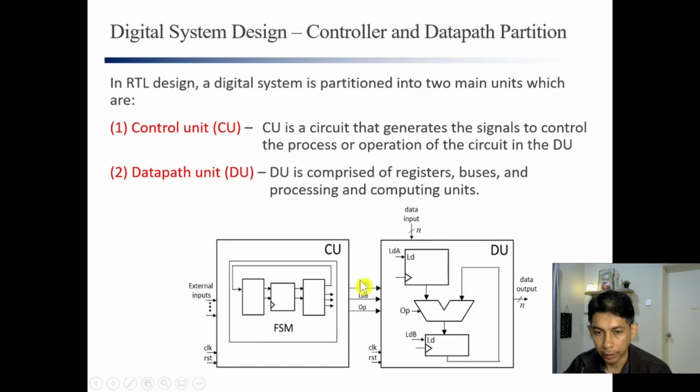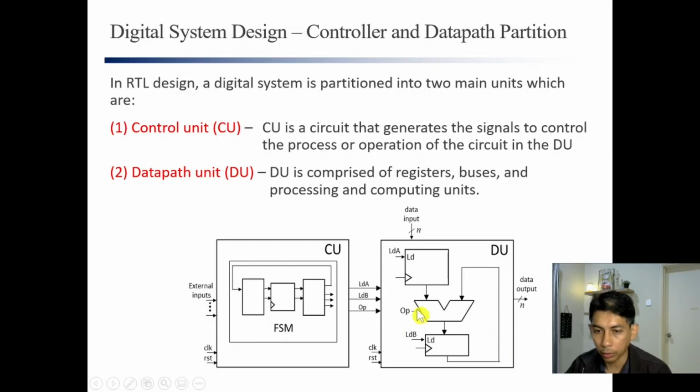For example, this one is LDA. At what time LDA should be activated and not activated. Also for LDB. Also the operation of the ALU, because the ALU has many operations, right? Maybe we have add, sub, and many logic operations.